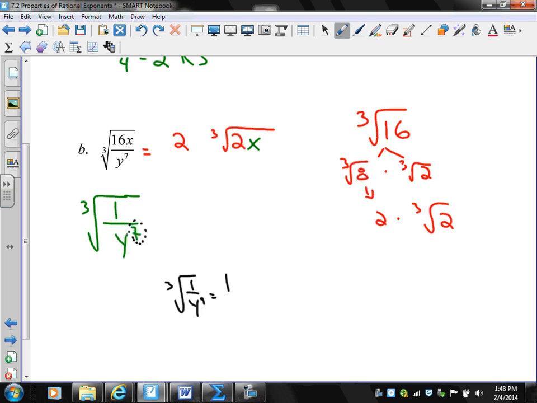So here's what I'm going to do. I want to make that y to the, as it turns out, the 9th. The way I'm going to do that is I'm going to multiply by y to the 2 down there, so that when I add these two together, I get y to the 9th. To do that properly, I actually need to multiply by y squared over y squared, right? I'm really multiplying by 1 inside that radical.